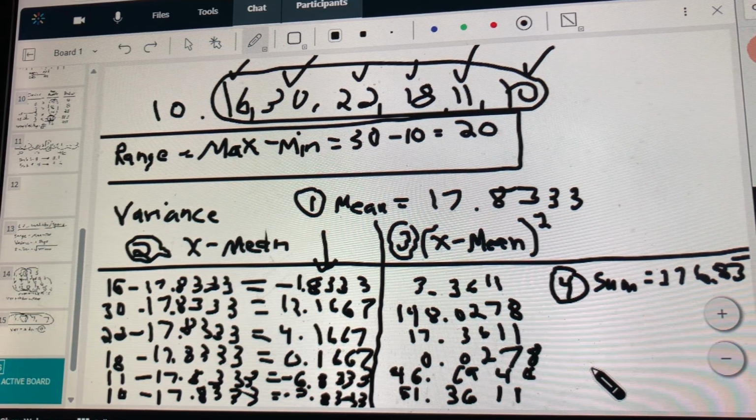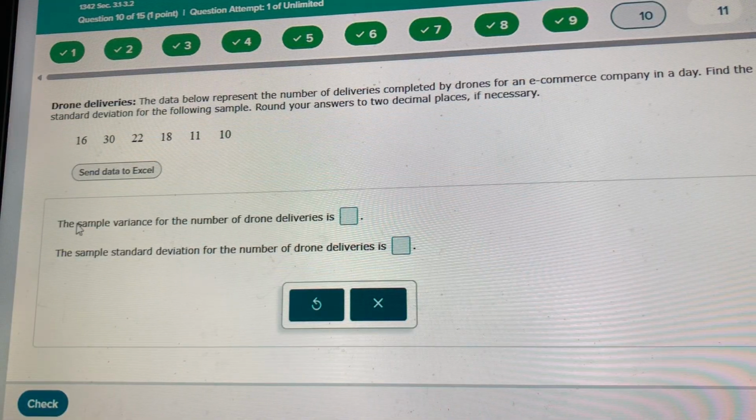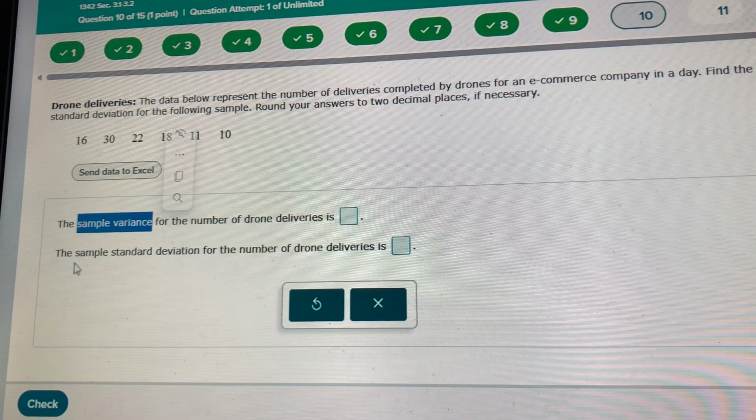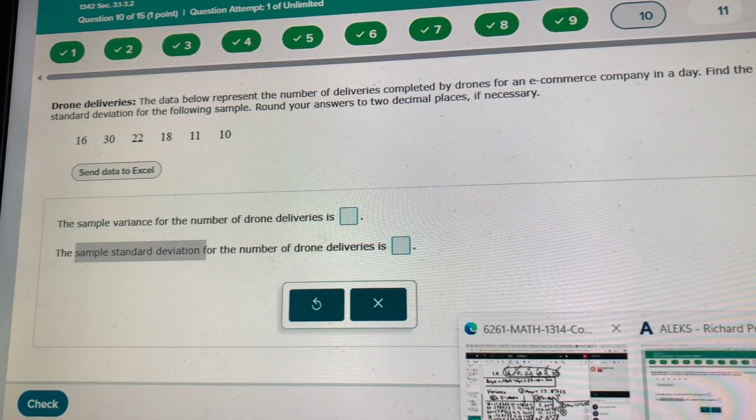So the final step for variance is to divide, and it can depend if you want population variance or sample variance. See how they say sample variance and sample standard deviation? That's much more common than population. Usually we don't know the whole population, so we would have to deal with a sample.